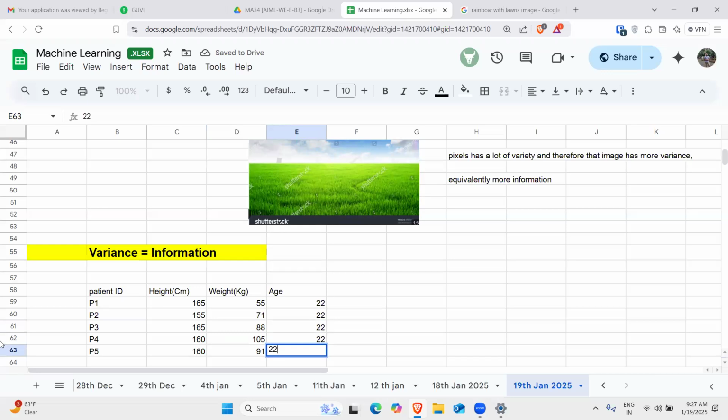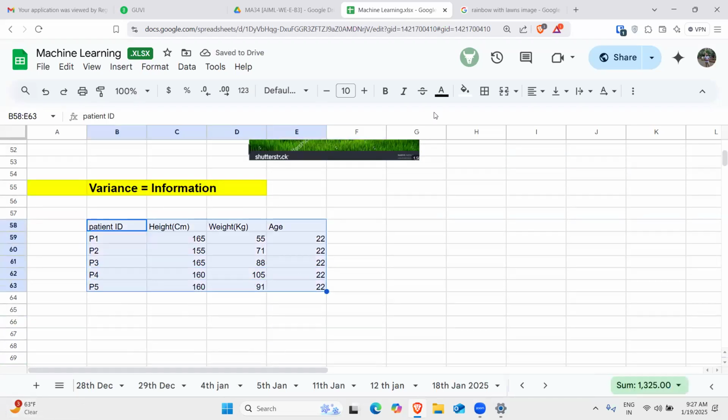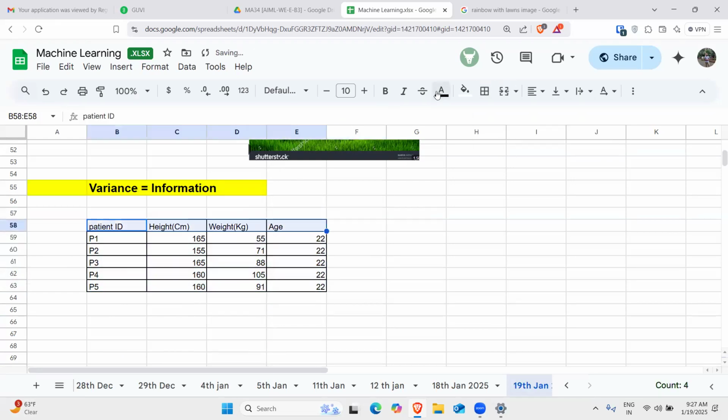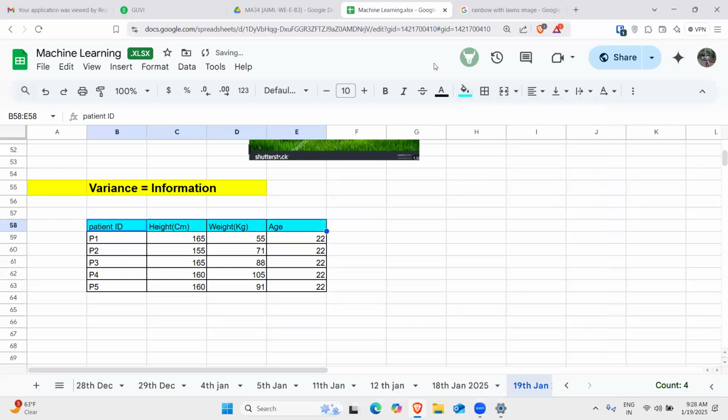So which column is more important for us? Which variable should you drop among these? What do you think? Age can be dropped. Very good.